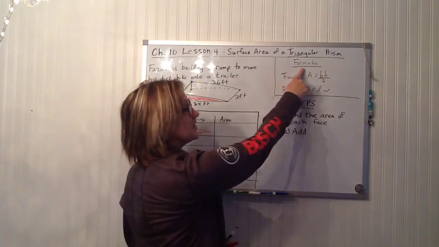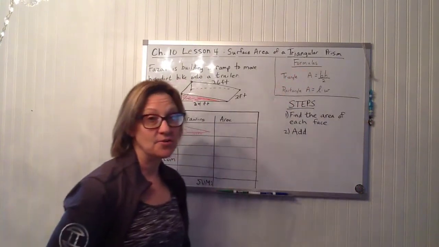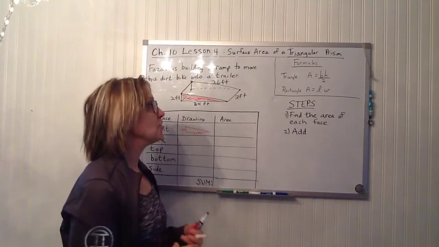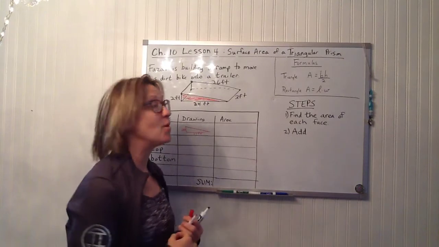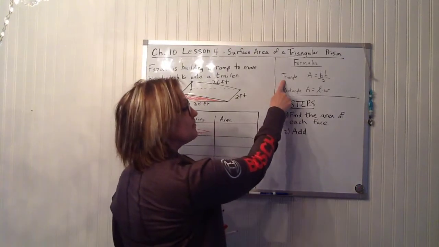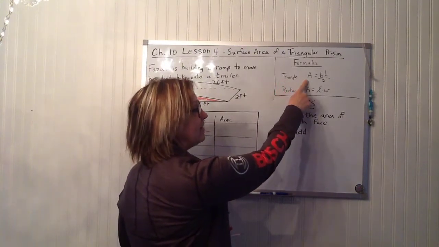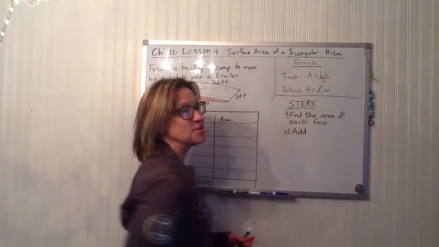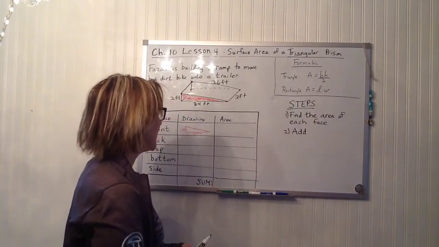I wrote my formulas up here. Go ahead and do that in your notes as well. It's always a good reminder to have your formulas written down somewhere in front of you. So the formula for the area of a triangle, A for area equals B times H divided by 2, base times height divided by 2.